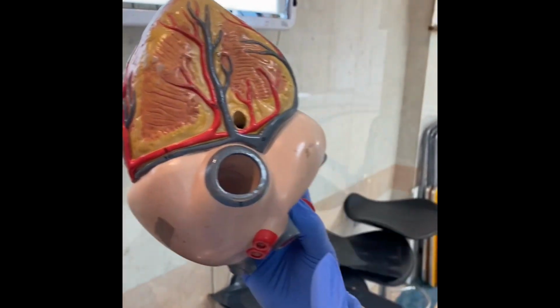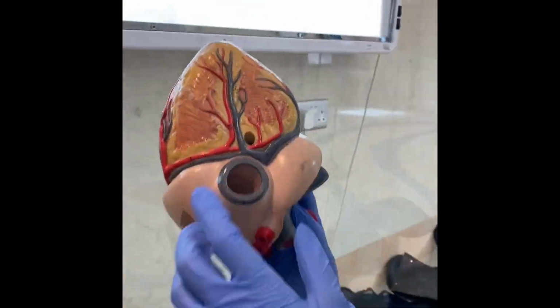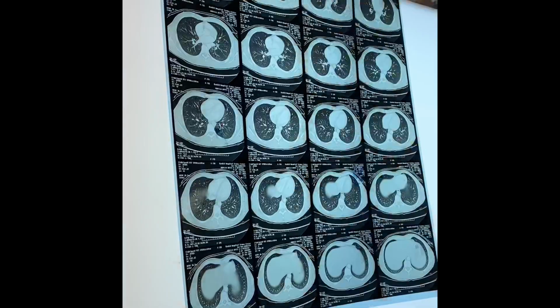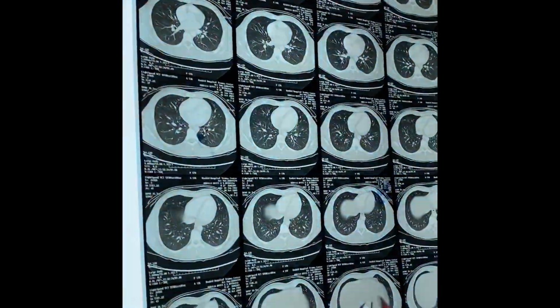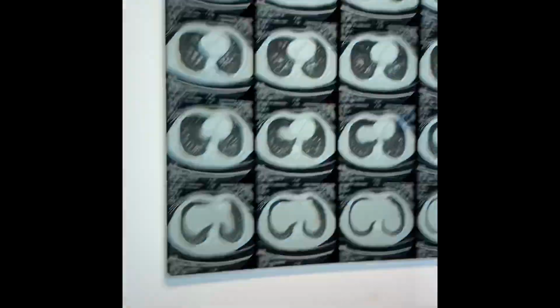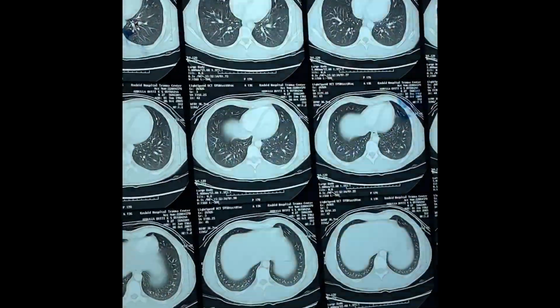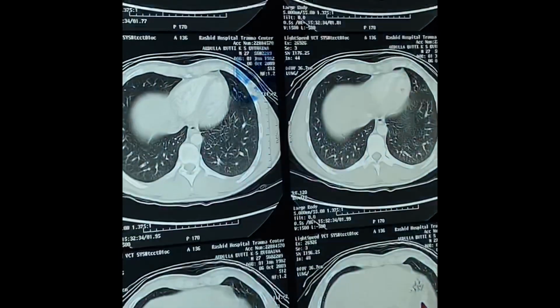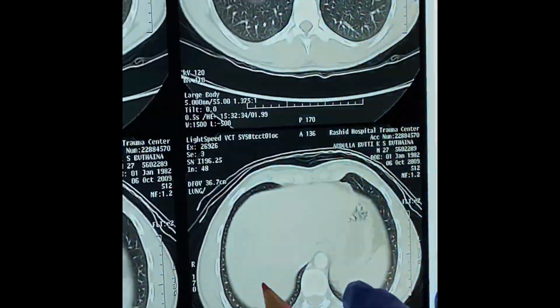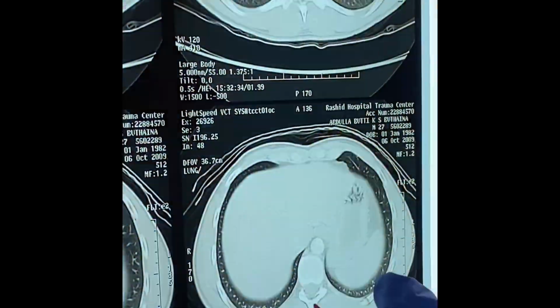So with this concept in mind, now let's move towards the CT scan and see how we can identify the structures. Now we will start from diaphragm upwards. So in this section here, you're seeing this gray area, which is the diaphragm, and you can identify the vertebrae.